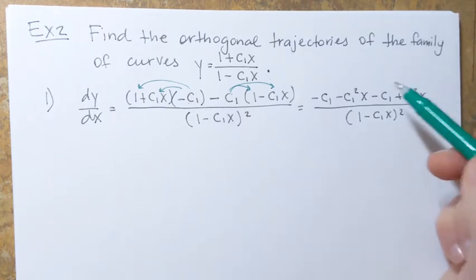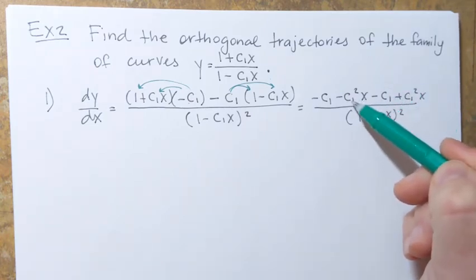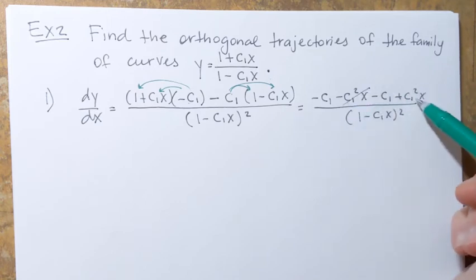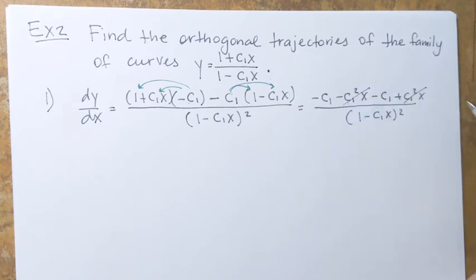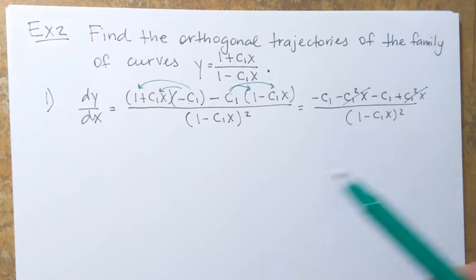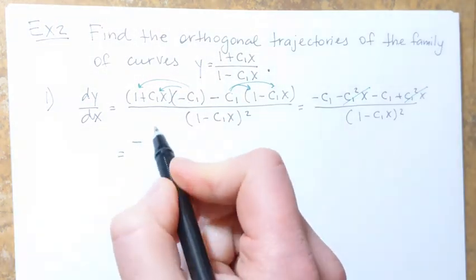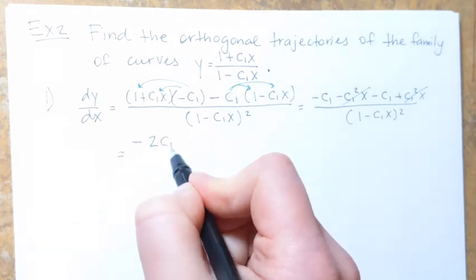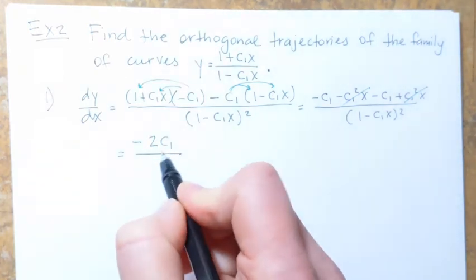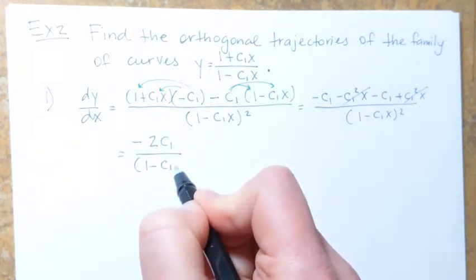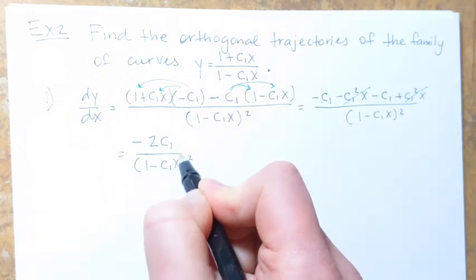Okay, it looks like we have opposites here, right? Negative c1 squared x and then positive c1 squared x. That will go away. And we will have negative 2c1 over (1 minus c1x) to the second power.